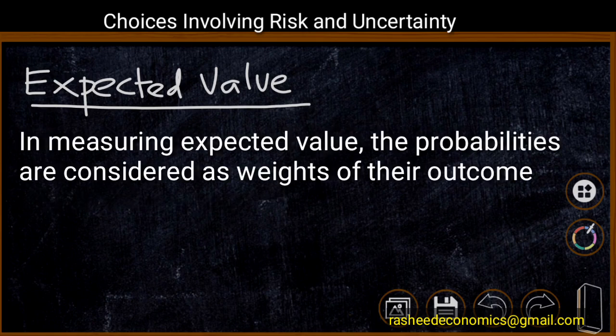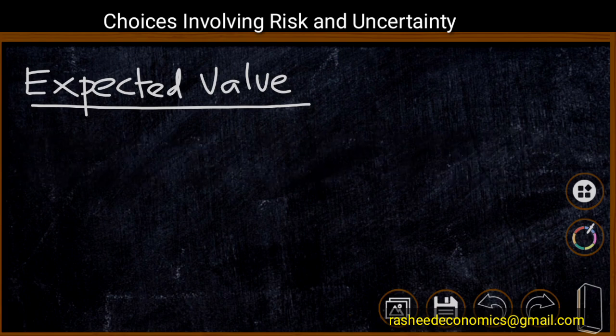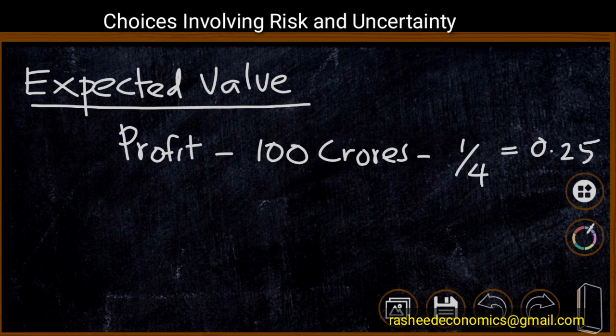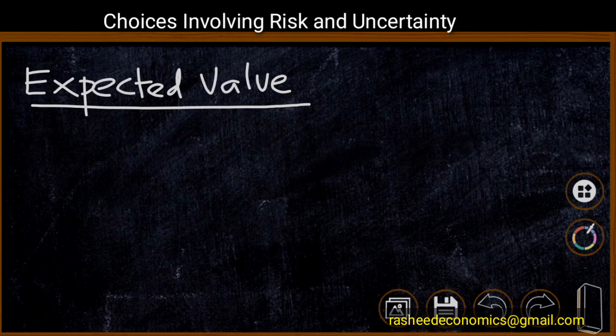In measuring expected value, we are considering the probabilities of each outcome as their weights. A payoff is a value associated with a possible outcome. Now let us take our previous example.